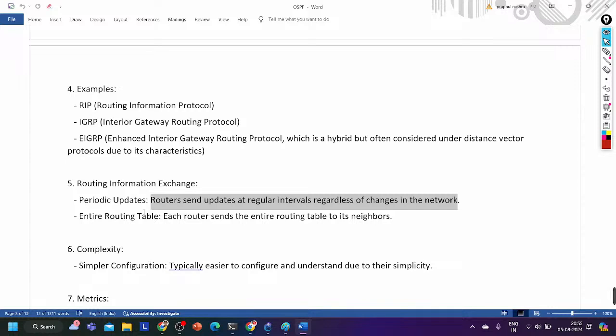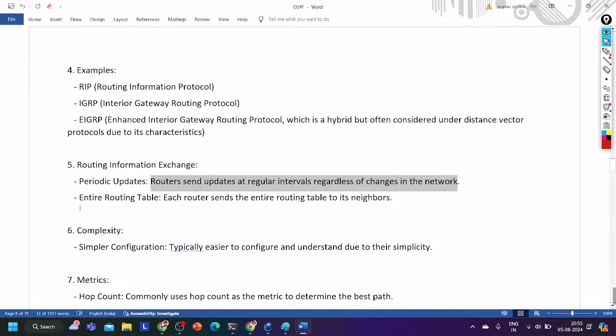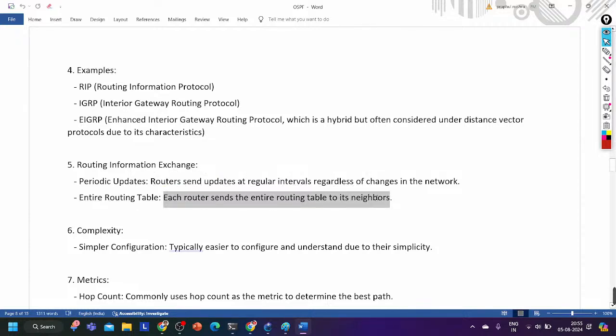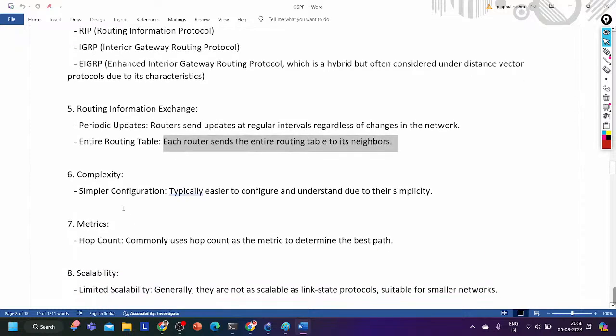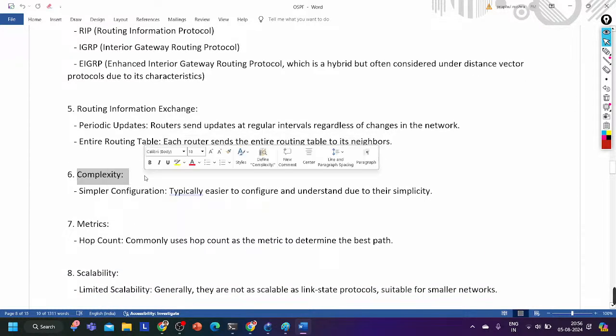But in distance vector routing protocols, it sends periodically. The second issue is the entire routing table. Again, it should send only changed information, not the entire routing table every time, because if routers send the entire routing table, the size of the update message will be large. So each router sends its entire routing table to its neighbor periodically.